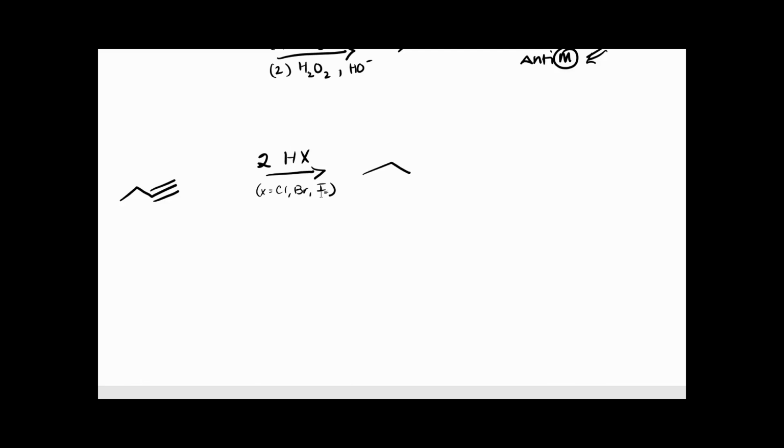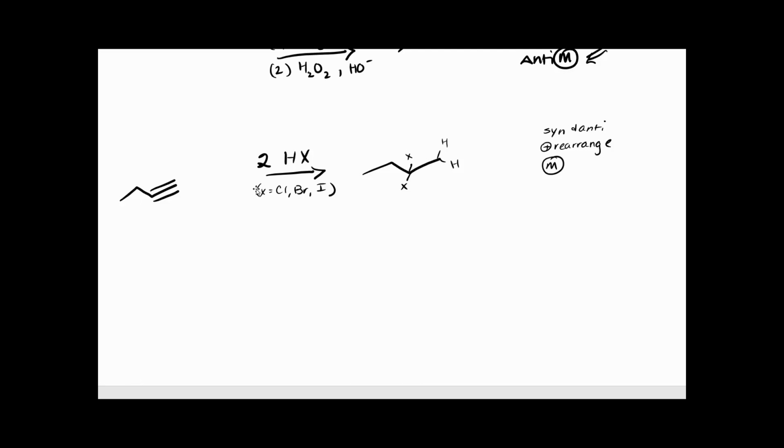When you have those 2 equivalents, you're breaking both pi bonds. So you get X's in here on the more substituted carbon, and you get H's on the less substituted carbon. This is Markovnikov. You do have to check for rearrangement. And this is both syn and anti. You see, we're adding 2 H's and 2 X's, so it kind of all plays out that way anyway.